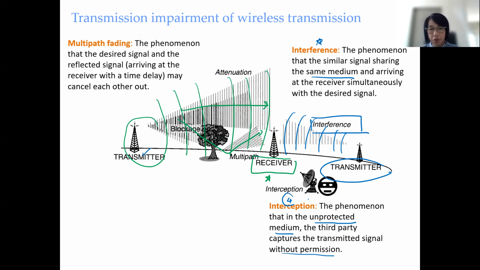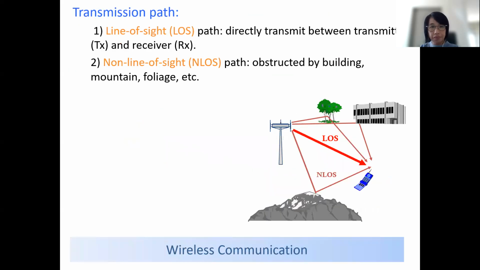If you have to protect against interception, you have to do more at the physical layer. So after you do modulation, you have to do the encoder also. I mean, the signal should go to an encoder to do encoding or ciphering or something to make your signal more protected. Okay, this is interception.